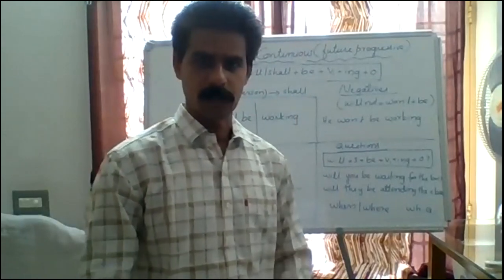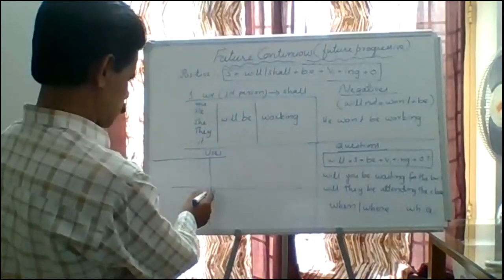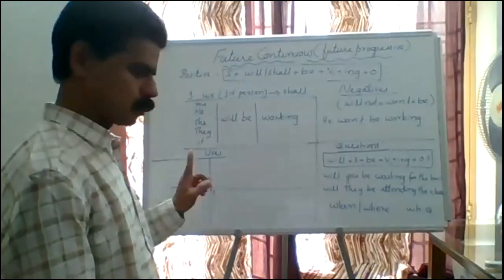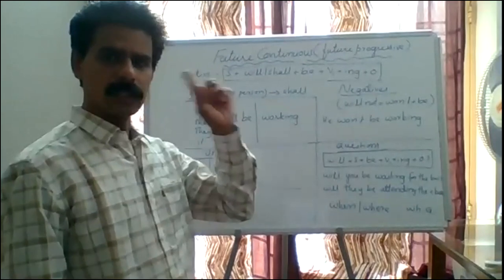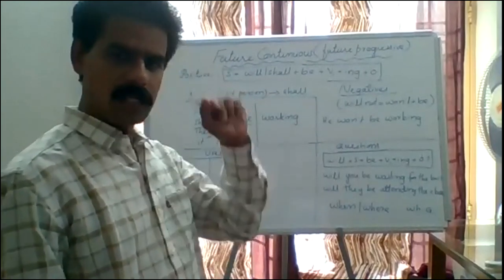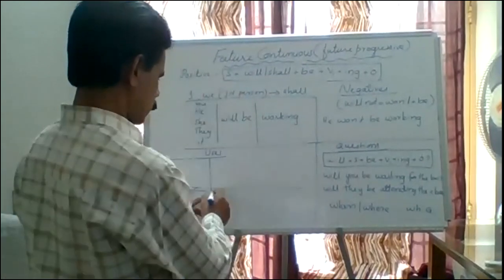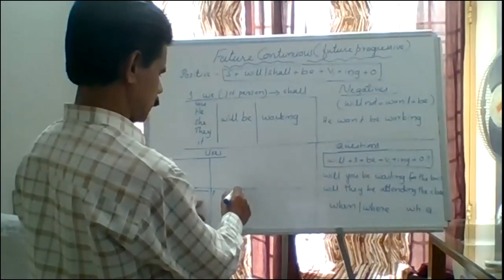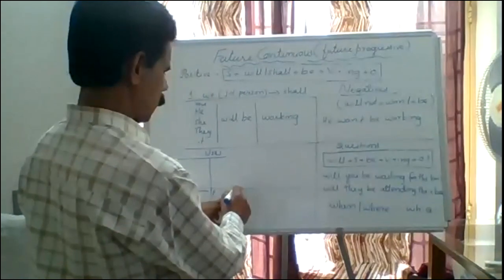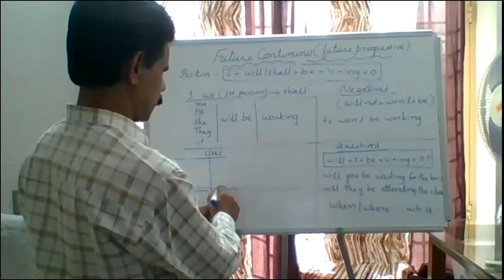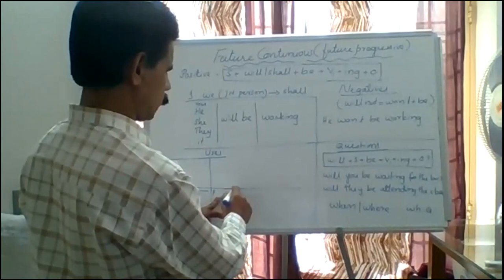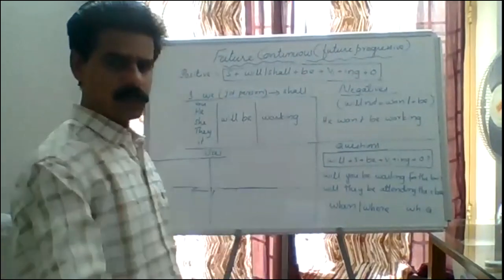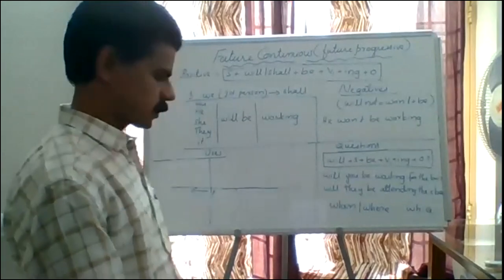Before this, the line from here up to P is the past, completed. From the present onwards, it continues. That is called the future.